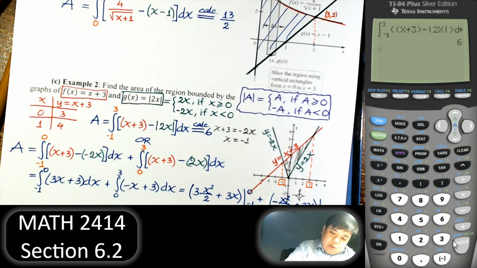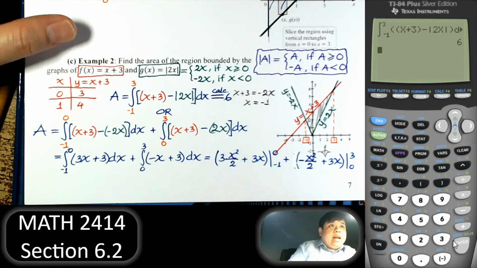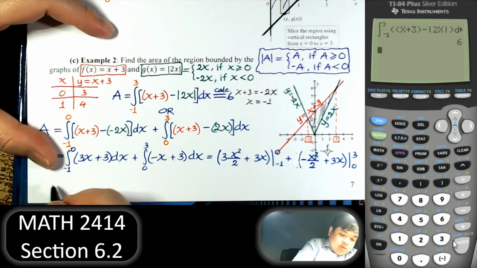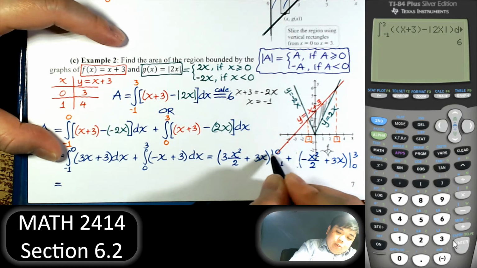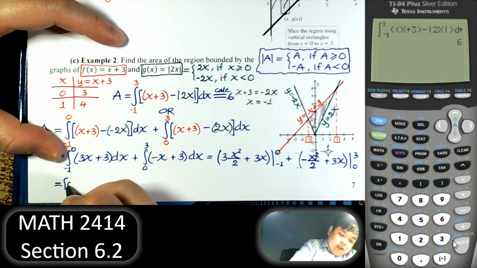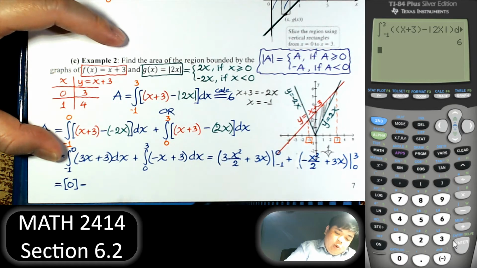That goes from 0 to 3. Right, and then we just put in the limits and subtract. So we put in 0, we have nothing. Subtract. Put in -1.